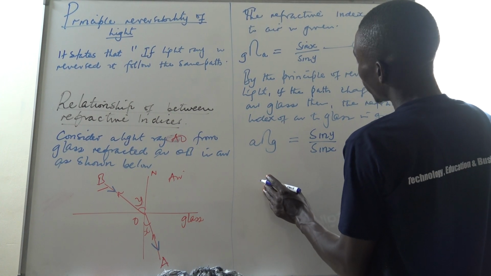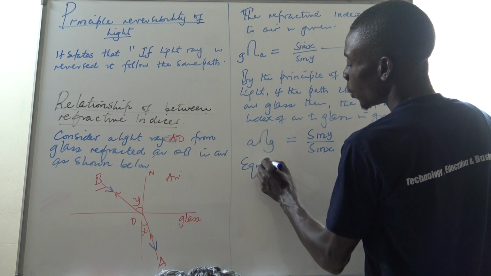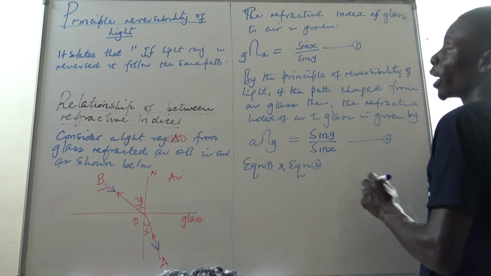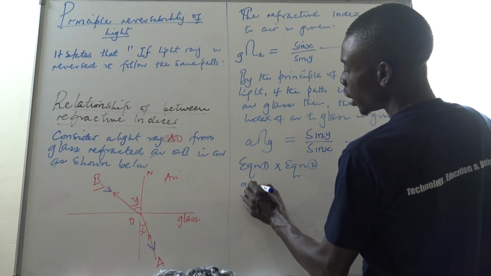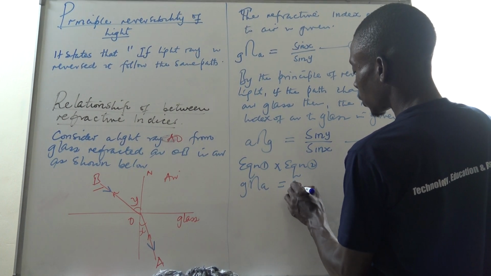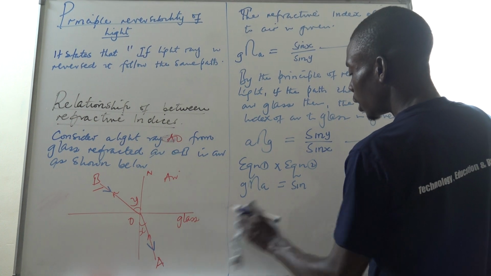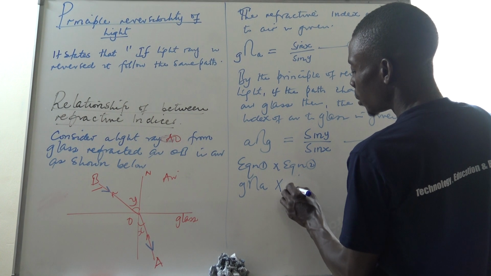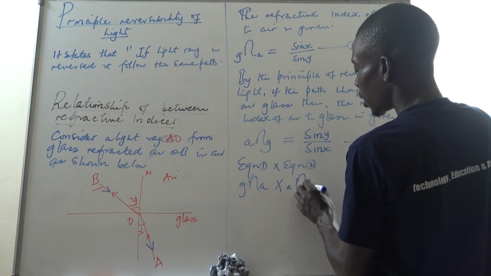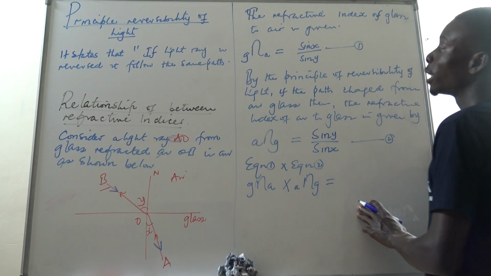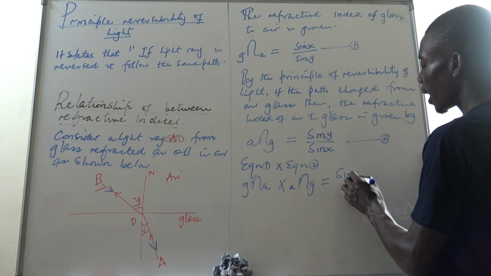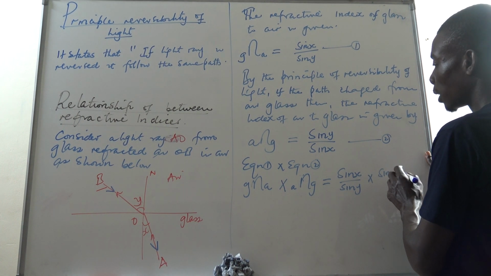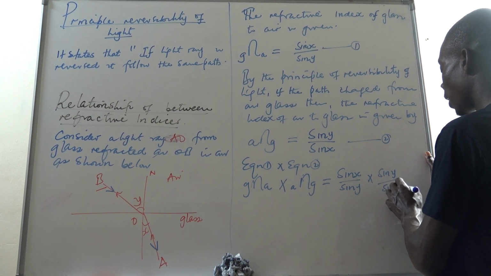And now we can say equation 1 times equation 2. What are we going to get? We are going to say gna times ang is equal to sine x out of sine y times sine y out of sine x.